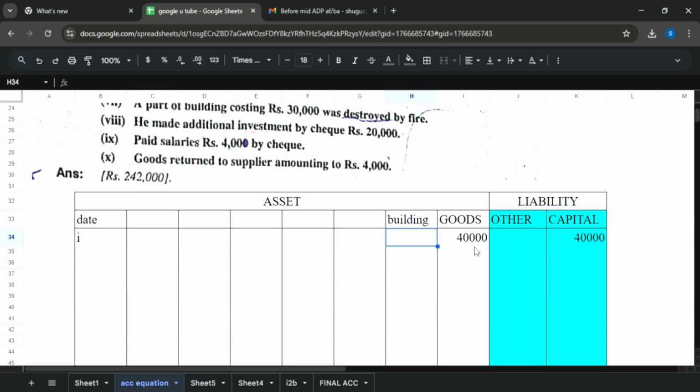So similarly, you will write 1 lakh plus in building. As described earlier, anything which is provided by the proprietor of the business is called capital. So this building would also be considered as your capital. Again, we have posted a plus sign. Still, it's the first entry. We have not changed it.